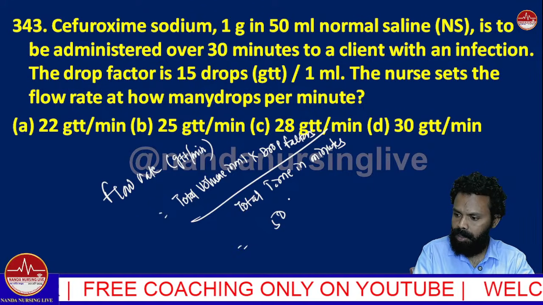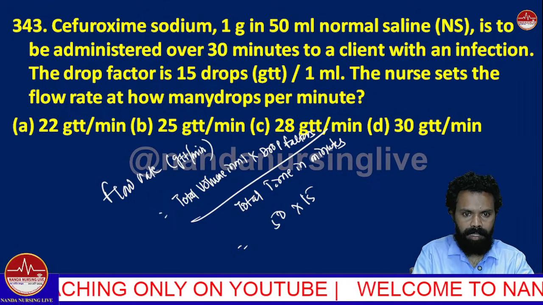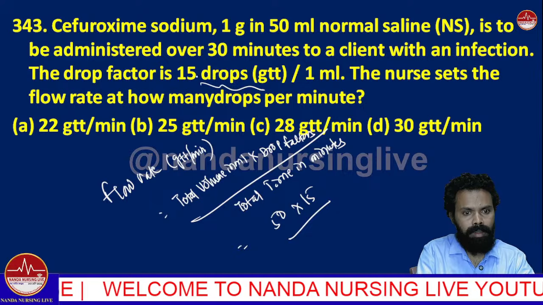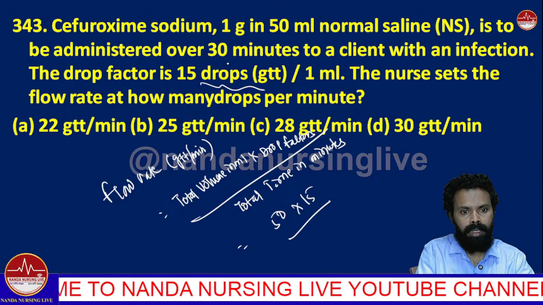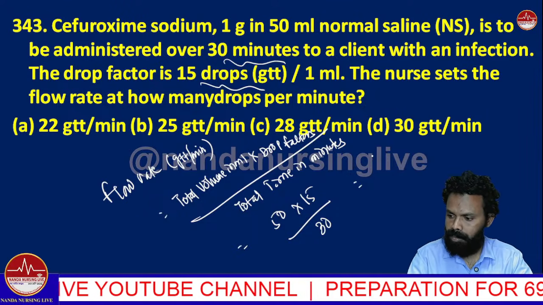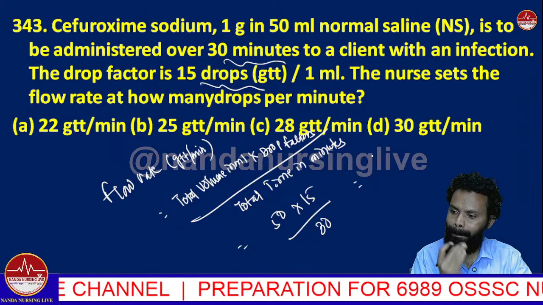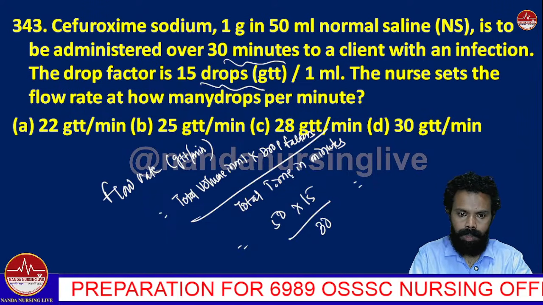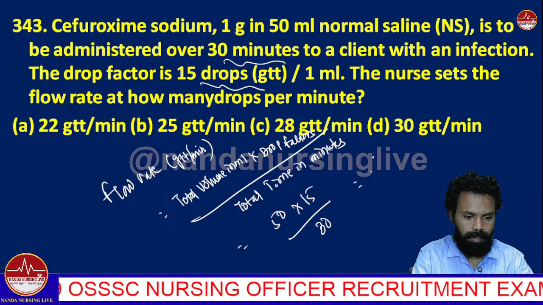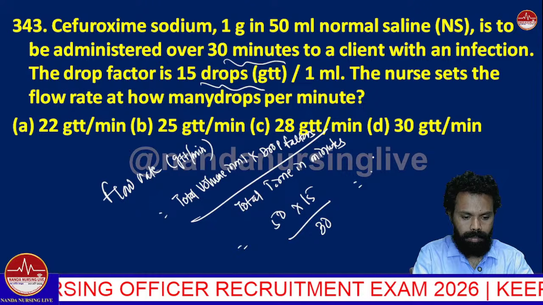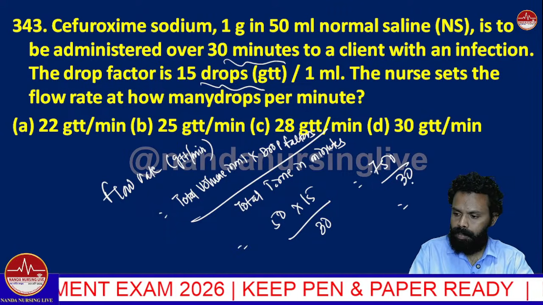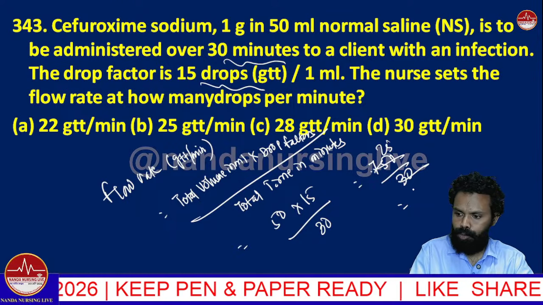So 50 ml into 15 drop factor, divided by 30 minutes. 50 by 30... it comes to 25 drops per minute.